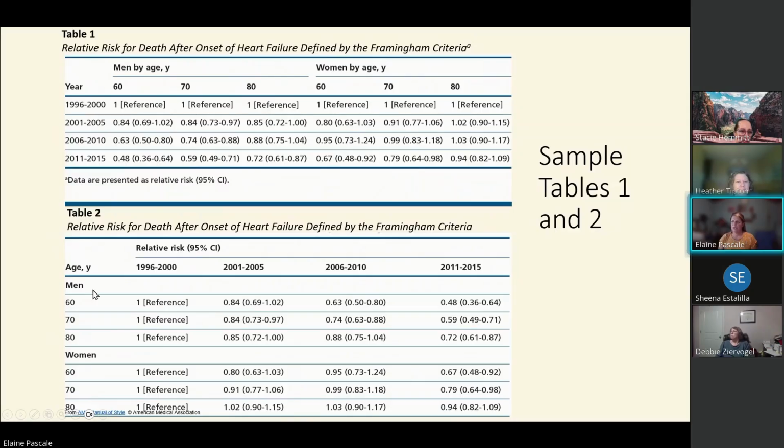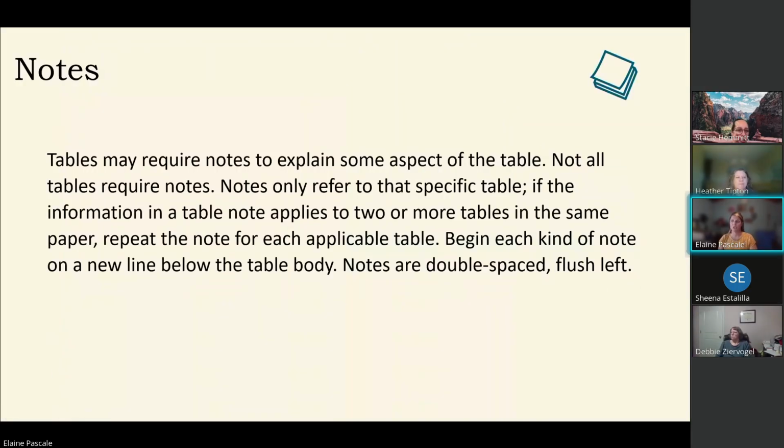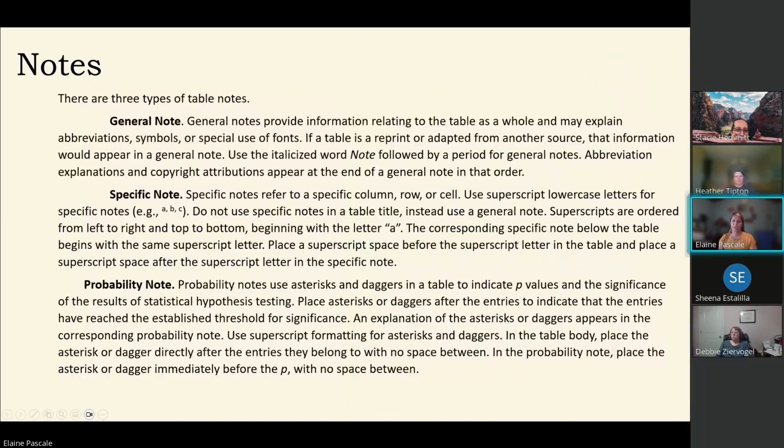But in the bottom one, I see ages and men and women, and the years across, and I realize I'm supposed to be comparing men to women. So think about that when you're laying out your data. Again, feel free to pop into an office hour and have us look at your tables, and we can tell you, this is confusing to me. Some tables have notes. There are different kinds of notes.